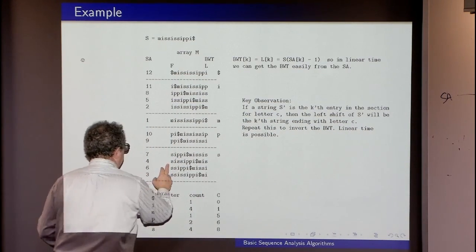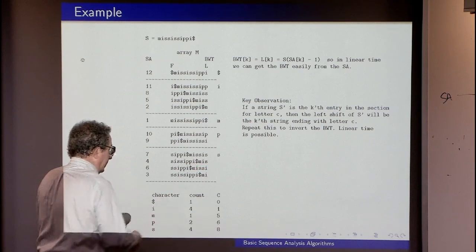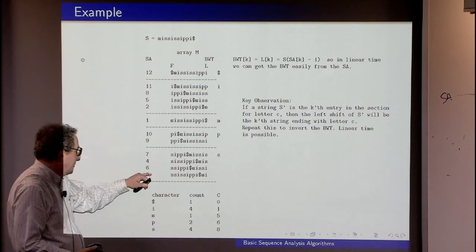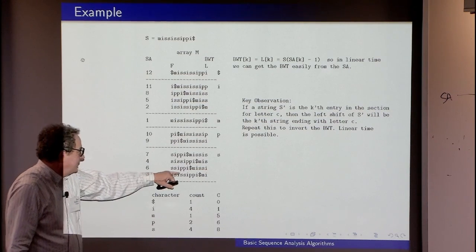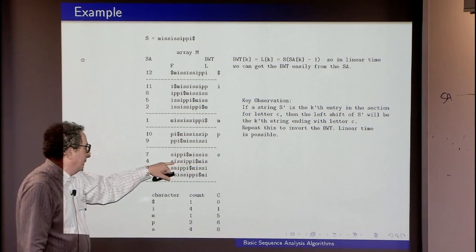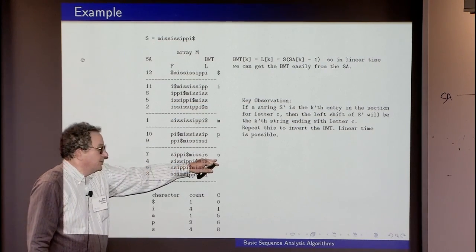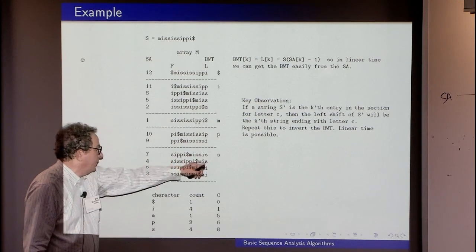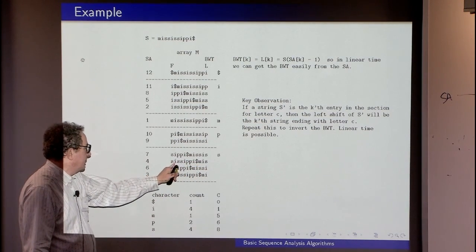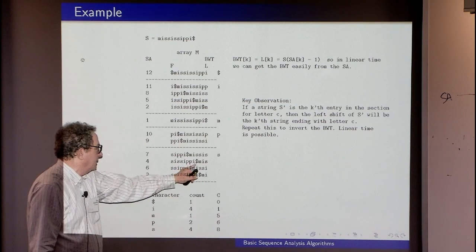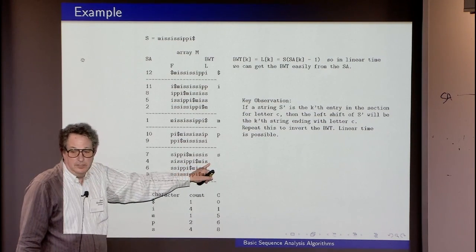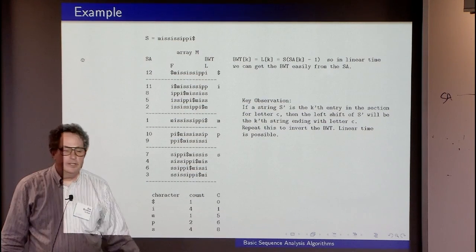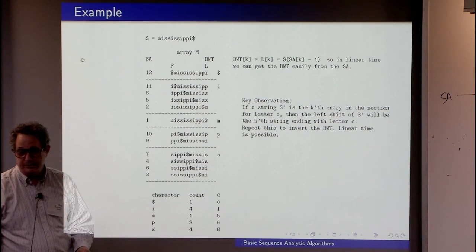This is the second string in the section for letter S. So I claim that the left rotation of this, which is the string ISSIPPI$MISS, should be the second string in M that ends with S.